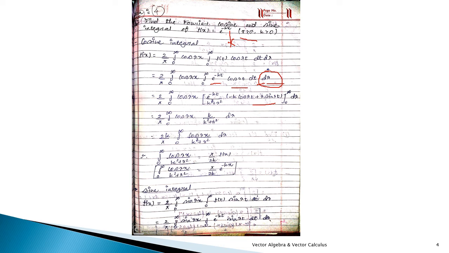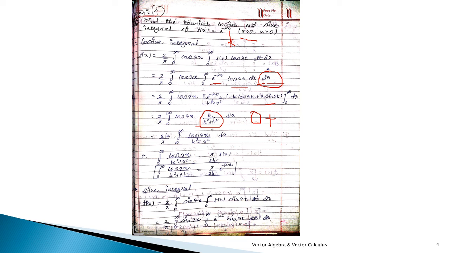Now the upper limit is infinite, so e raised to minus infinite will be 0, so the first term is 0. Then minus the second term, the lower limit. Putting the lower limit, e raised to 0 is 1, cos 0 is 1 and sin 0 is 0. This minus with the earlier minus will be plus, and the remaining term will be k upon k square plus lambda square, into d lambda, as I have already written, just keeping it as it is.